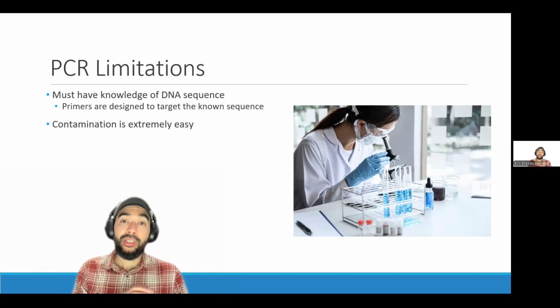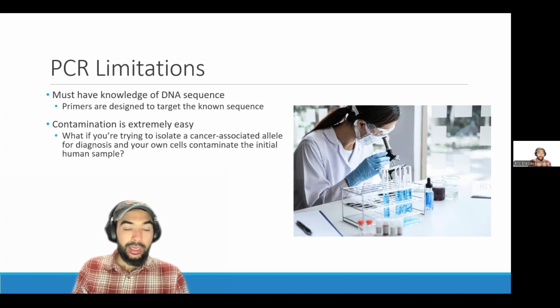Contamination is really easy. It is extremely easy to contaminate PCR. Any small little bit of tissue that falls off of you that you don't even see because it's microscopic can contaminate it. As a hypothetical question, imagine we are working with patient samples and we are running them through PCR to see if we can detect if the patient sample has cancer-causing alleles.